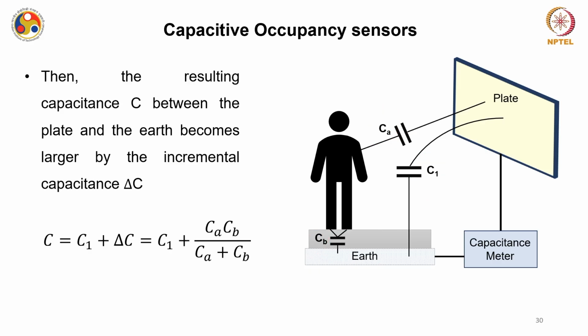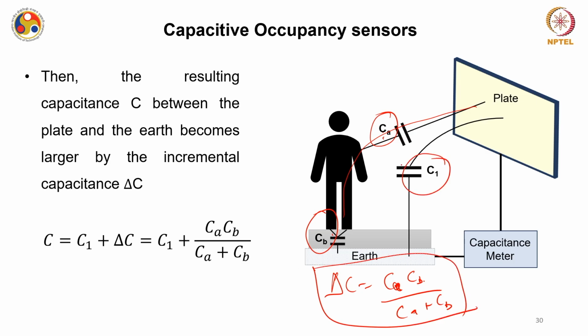Now the resulting capacitance C between the plate and the earth becomes larger by the incremental capacitance delta C. Ca and Cb are in series, so delta C equals Ca Cb by Ca plus Cb.